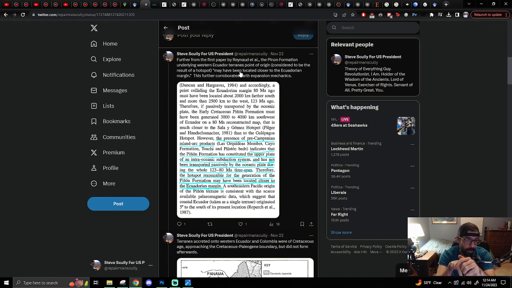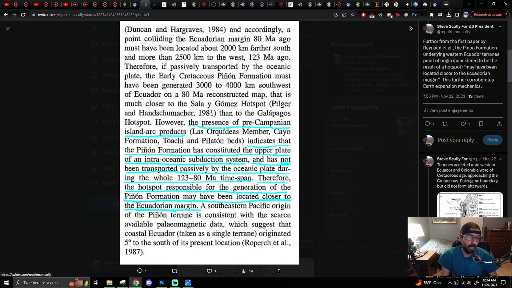Okay, so they say it may have been located closer to the Ecuadorian margin. To read it: the presence of Precambrian island arc products indicates that the Pinon Formation has constituted the upper plate of an intra-oceanic subduction system in a plate tectonic framework, but has not been transported passively by the oceanic plate during the whole 123 to 80 million year time span.